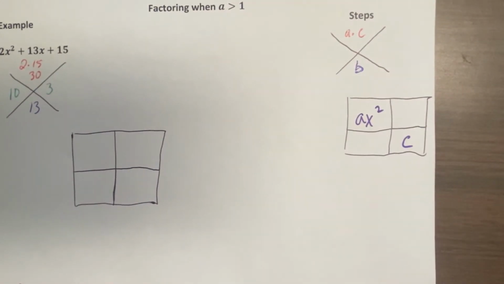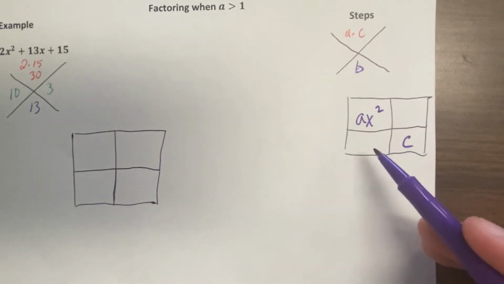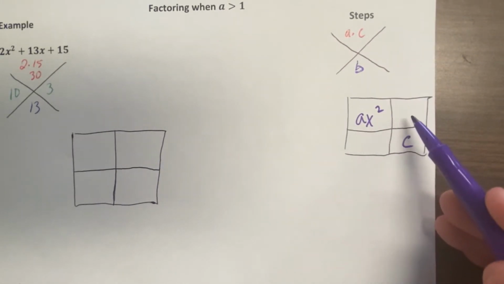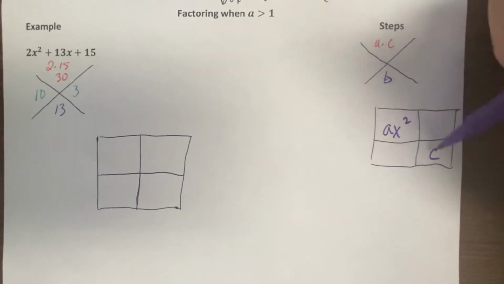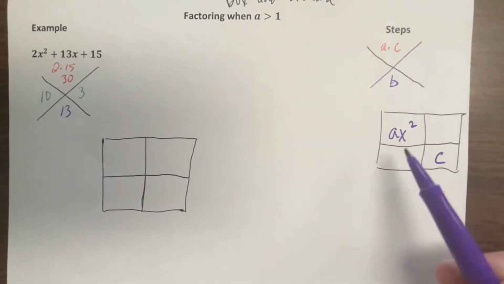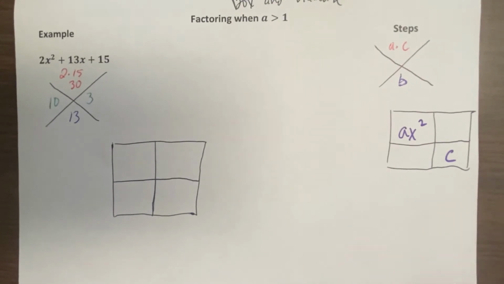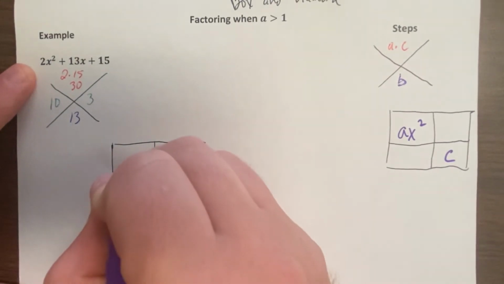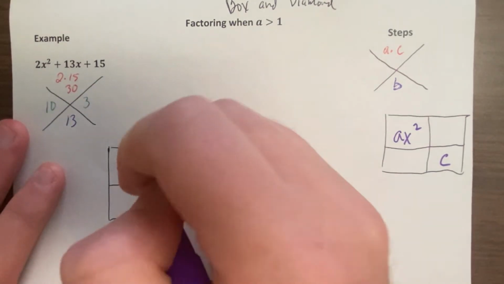It doesn't matter where they go in the box, just as long as they are opposite of each other, across the diagonal. The formality is the ax squared goes first, and the c goes diagonal of that. So in this case, my ax squared is 2x squared, and the c value is 15.